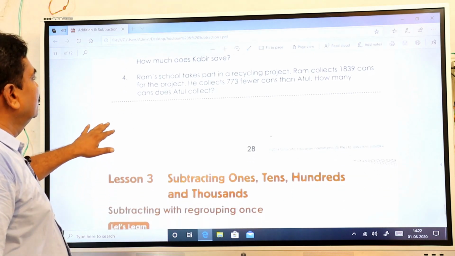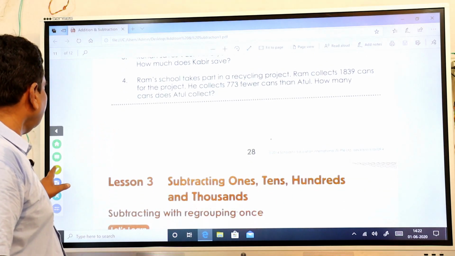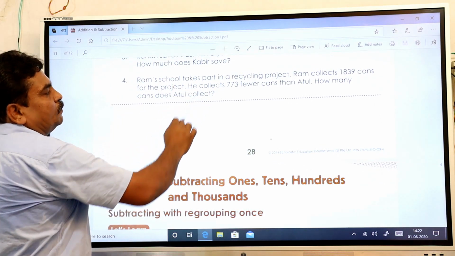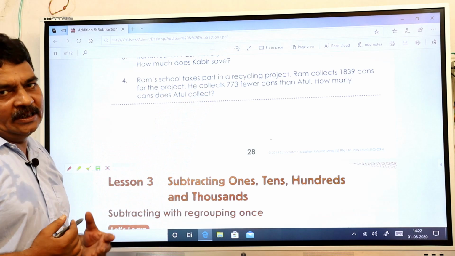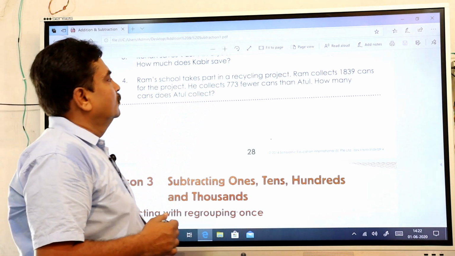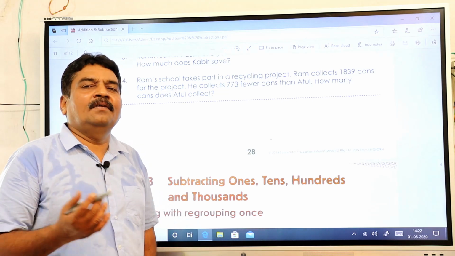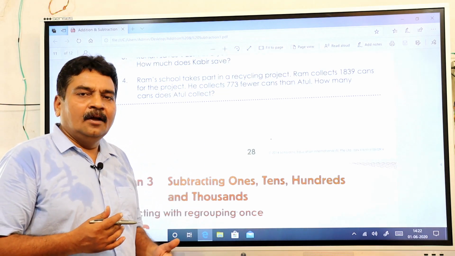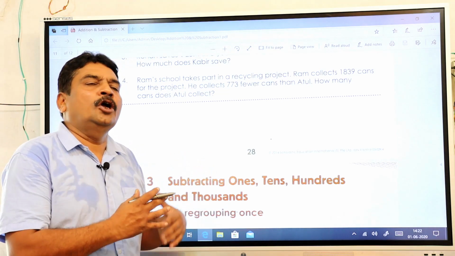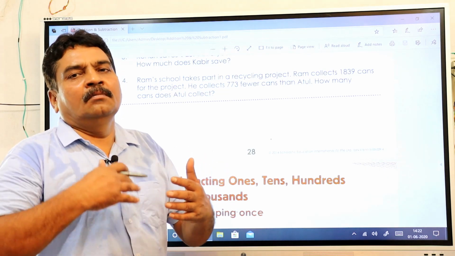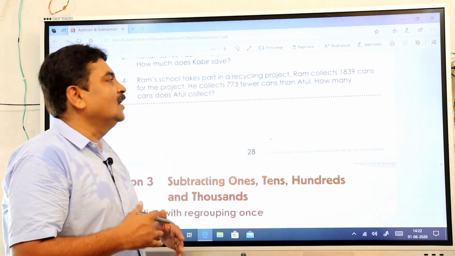Next one is this. Ram's school takes part in a recycling project. Recycling means making some other product from the waste product, or the product which is not in use. You are just turning out one product out of it, and that is called recycling.